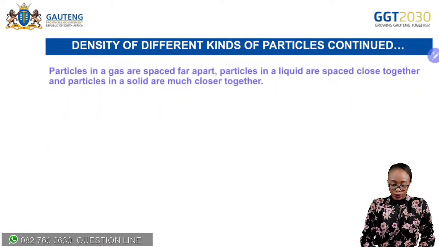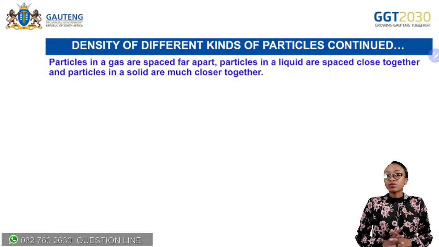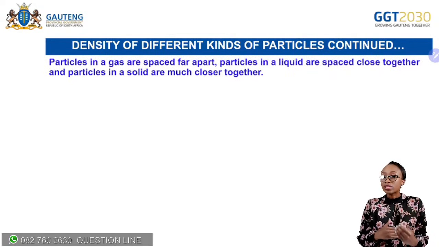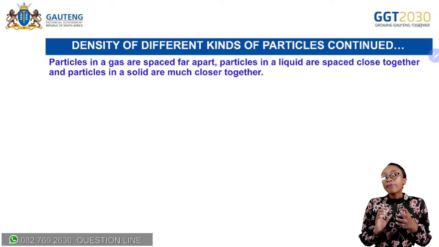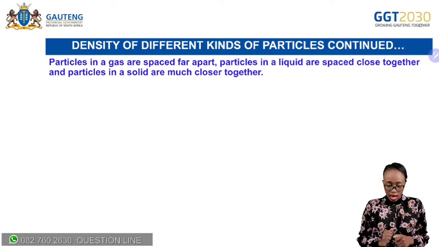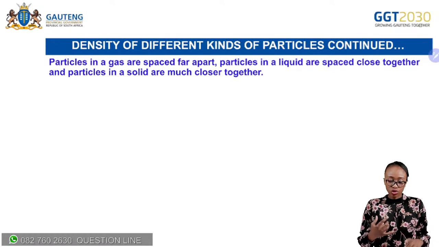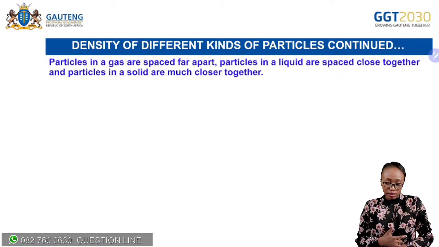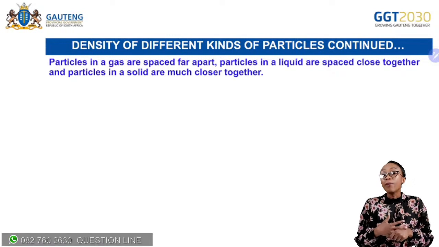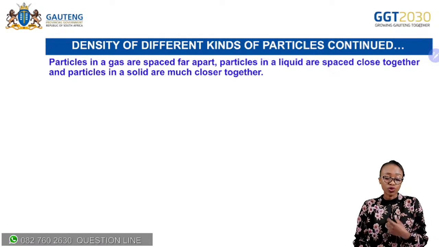So let's continue. The particles of a gas, we have been continuously saying, are spaced far apart in comparison to the particles in a liquid that are much closer together, and the particles of a solid that are much, much closer together.